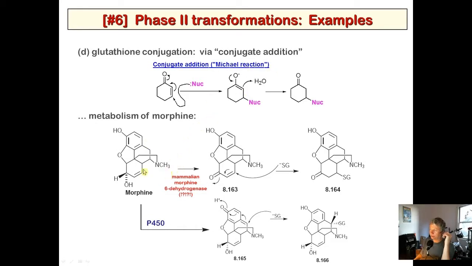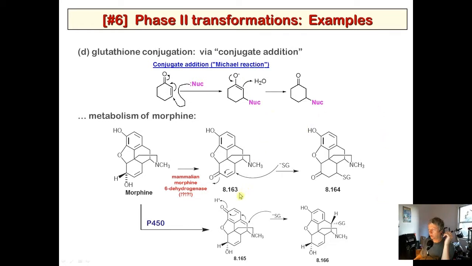It's a little weird because glutathione is a nucleophilic cofactor, and there's not really much we can do with a nucleophile to morphine. So the idea was that alcohol can be oxidized to a ketone, and then we can do a conjugate addition with glutathione and make this kind of product, which is then excreted.